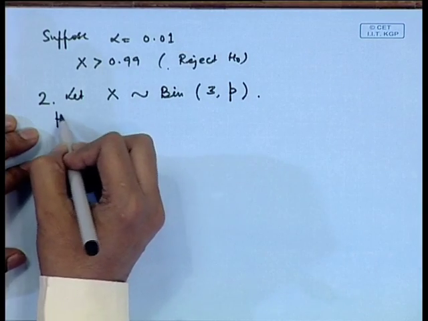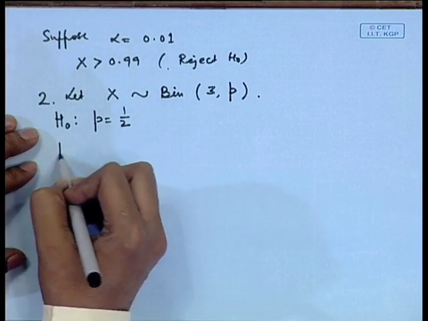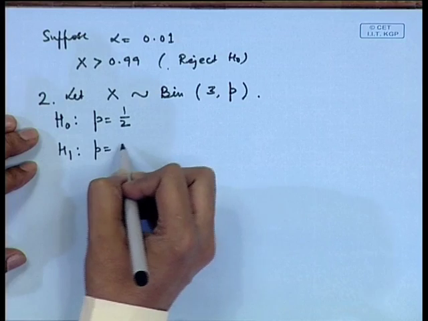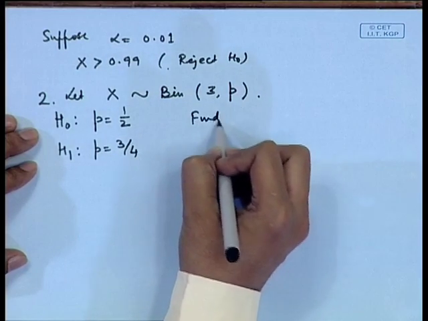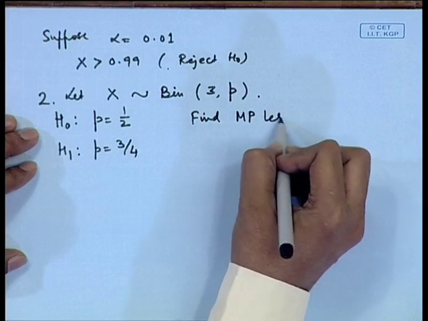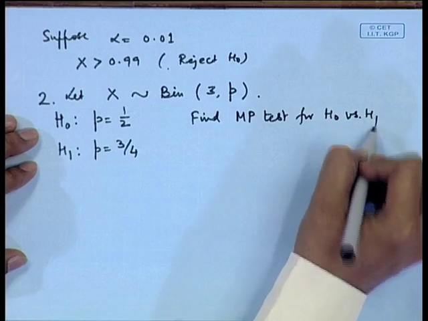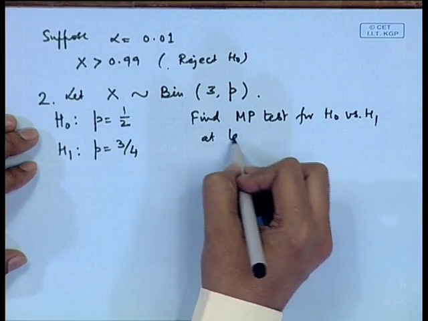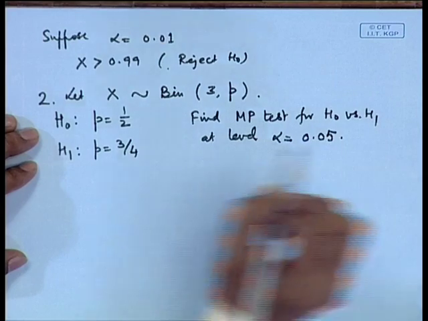We want to test H naught: p is equal to half against H 1: p is equal to 3 by 4. So, find most powerful test for H naught against H 1 at level alpha is equal to 0.05.